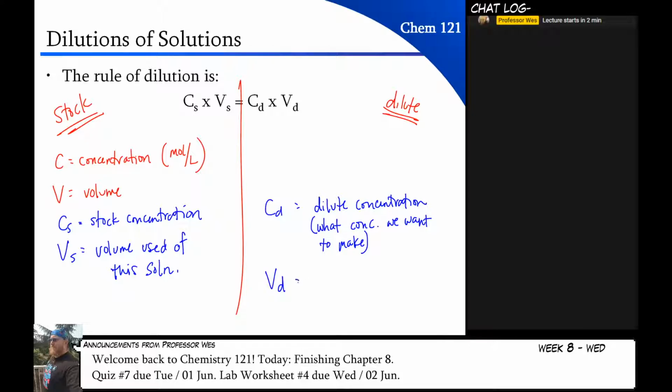And then VD, the dilute volume, is how much of the solution you're going to make. So you get to choose these two, usually. Or a procedure will choose them for you, and then you carry out the motions.